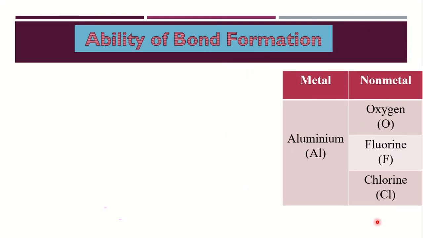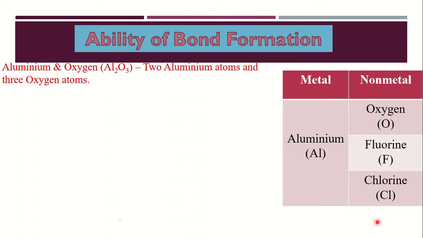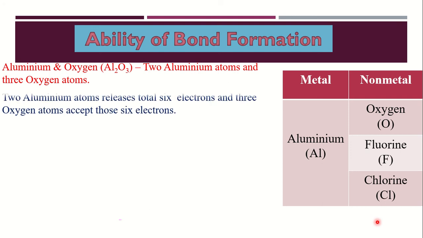Again, when aluminium makes bond with oxygen, fluorine or chlorine, then aluminium and oxygen, the formula of aluminium oxide is Al2O3. That means 2 aluminium atoms make bond with 3 oxygen atoms, because 1 aluminium atom releases 3 electrons, but oxygen atom needs only 2 electrons.